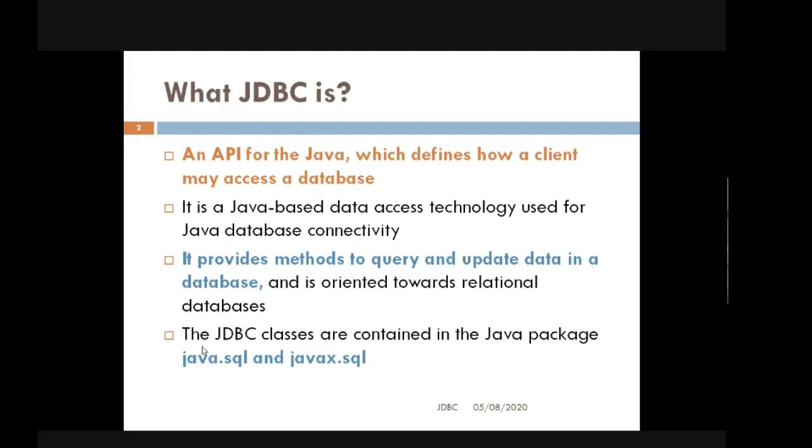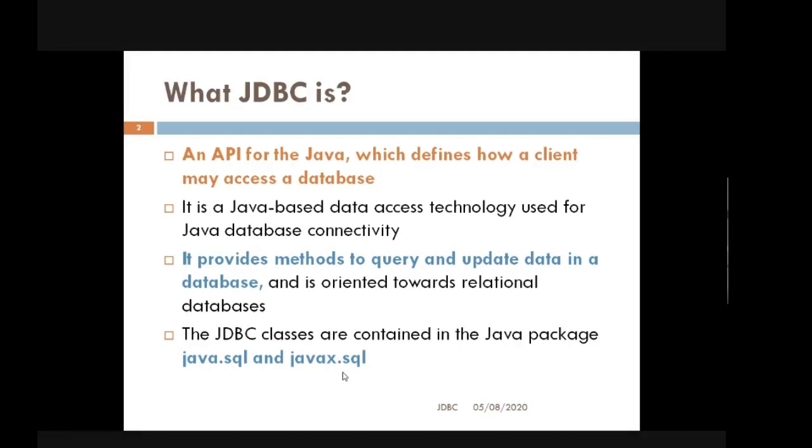So if you want to make use of JDBC, or if you want to interact with the backend through your application, then you have to import any of these two packages: java.sql or javax.sql. Since we are developing Swing applications, you can import the javax.sql package, because this package contains the classes and methods which are useful for connecting with the database and then communicating with the database.